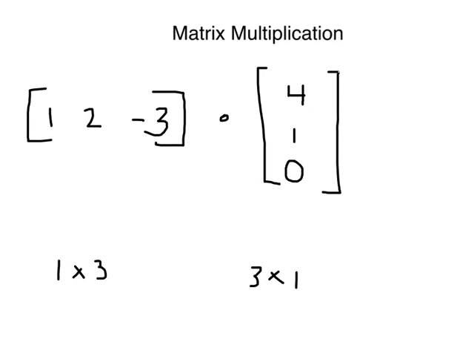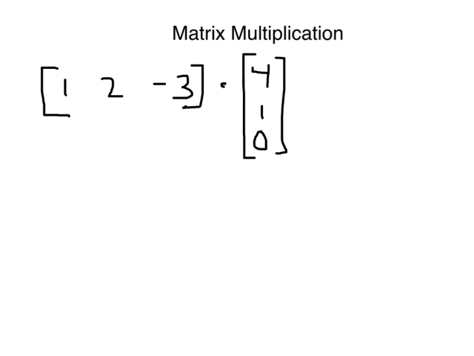So my first one is a 1 by 3, and then I have a 3 by 1. The number of columns in matrix A is equal to the number of rows in the second matrix, matrix B, so we can multiply these matrices. So now that we've confirmed that we can multiply these matrices, we can start the multiplication.